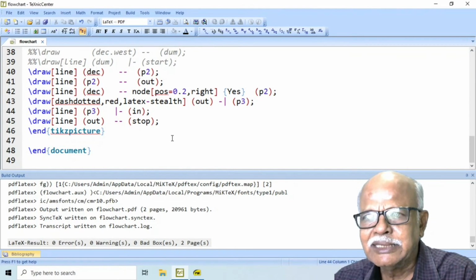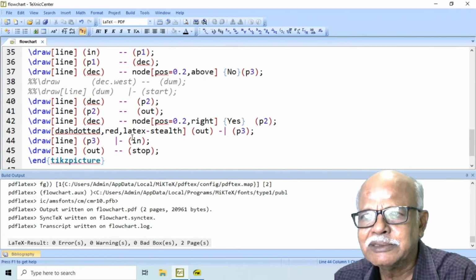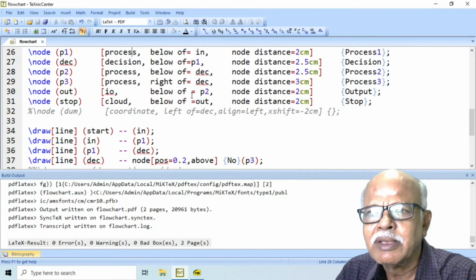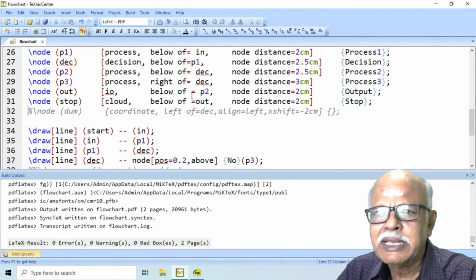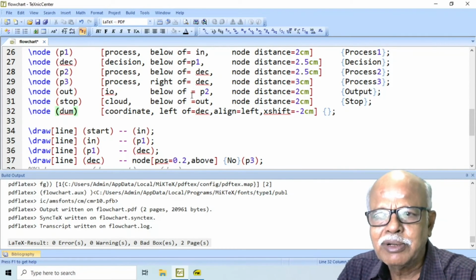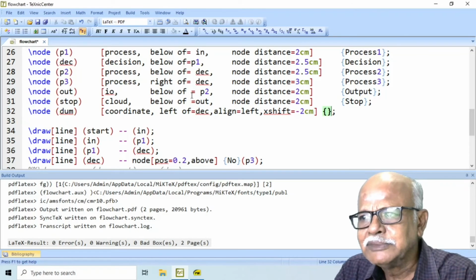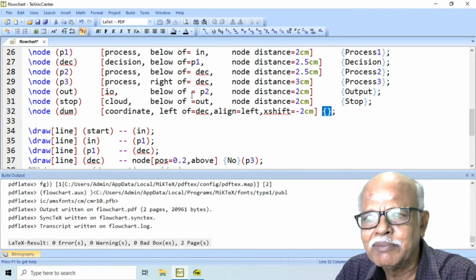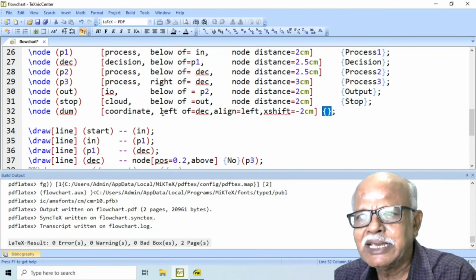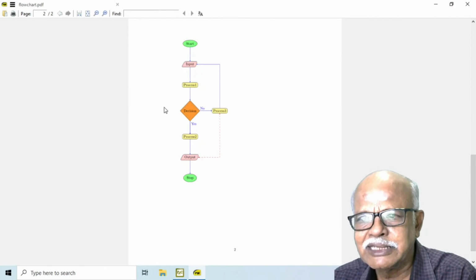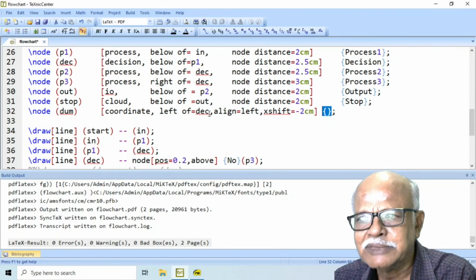In that case, what we can do is define a node which I call dummy, and then the output is nothing. Here we say it is available at the left of decision, here on this side, left of decision.